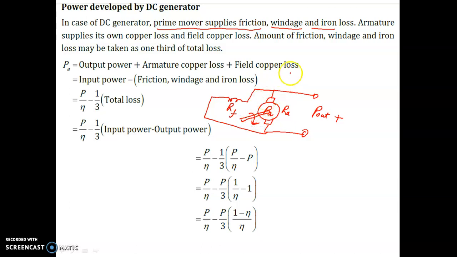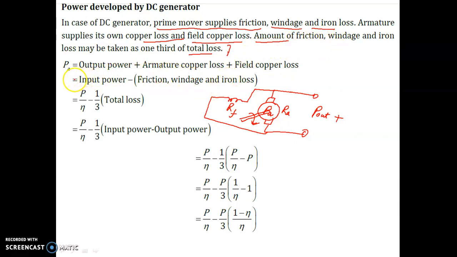So friction and windage losses will be taken care of by the prime mover, which means the prime mover has to compensate for these losses. The armature supplies its own copper and field winding losses. The amount of friction, windage and iron loss may be taken as 1/3 of the total loss. So there is a rule that we assume 1/3 of the loss will be friction, windage and iron losses.